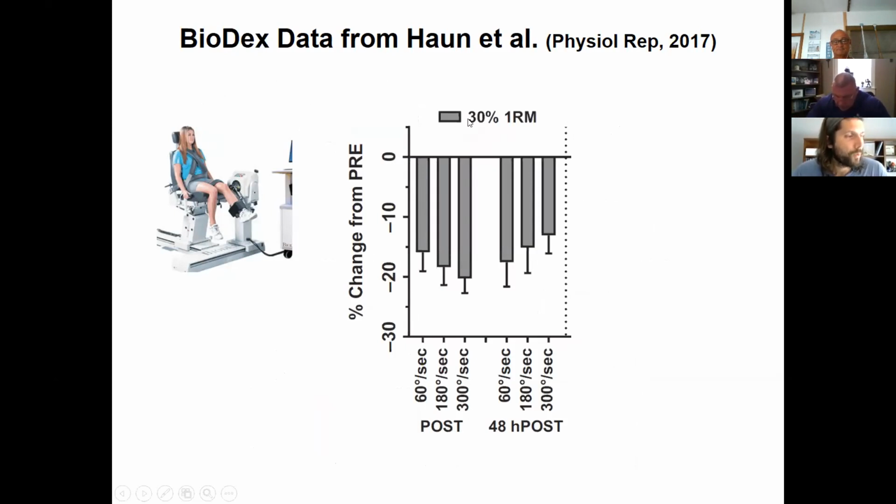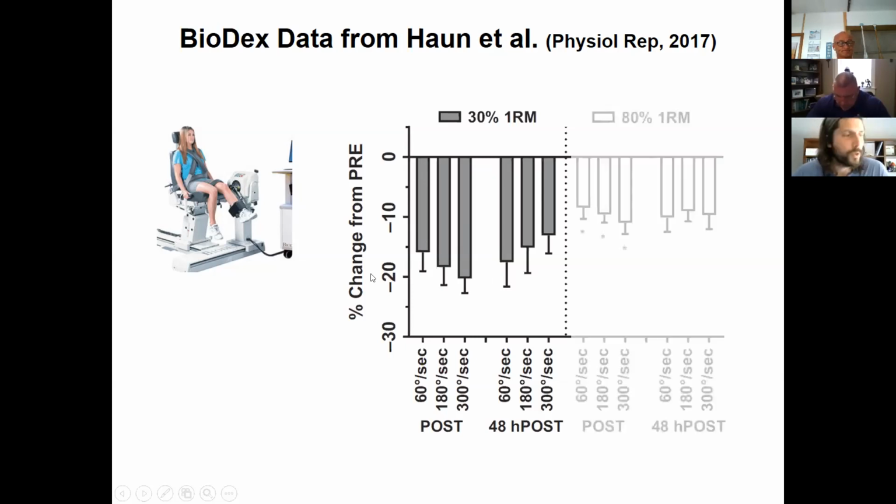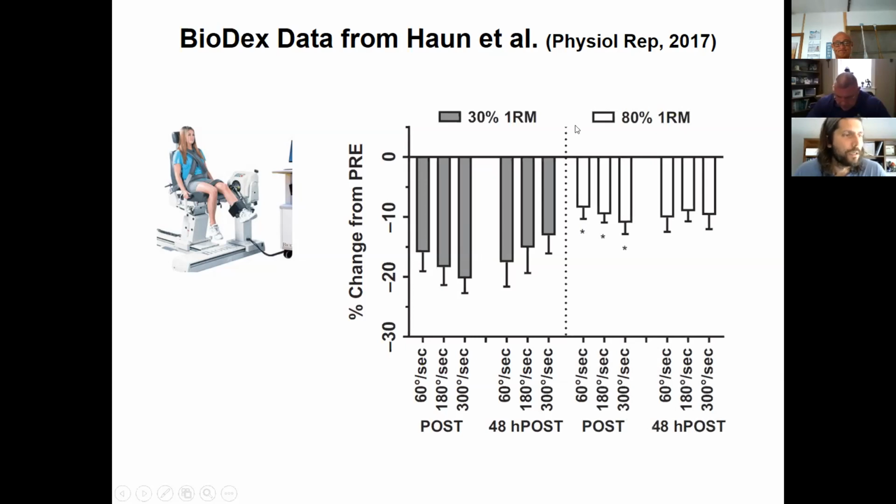We saw with 30% 1RM training at each knee extensor speed, there was a significant decrement in the amount of torque that was able to be produced. When you compare that to 80% 1RM training, yeah, we saw a decrease 2 days post, but it wasn't as robust as with high volume training, okay?